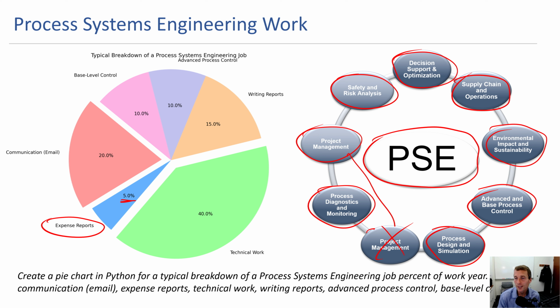There's these overhead things that are very important to be able to keep the business running and do it safely, but aren't necessarily the traditional things that you think of as process systems engineering. And included in that is communication, like email. Okay, just responding. And I'd suggest that writing reports is also another form of communication. Be able to clearly communicate to others the result of some study or a project.